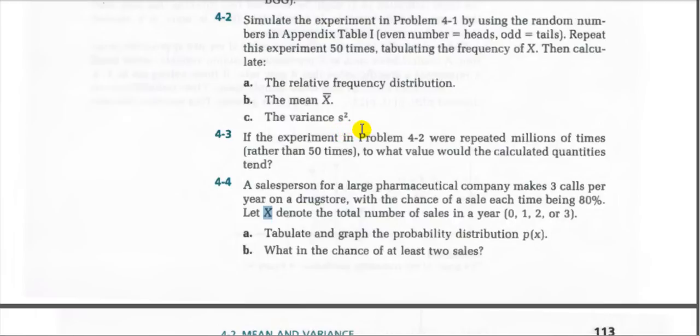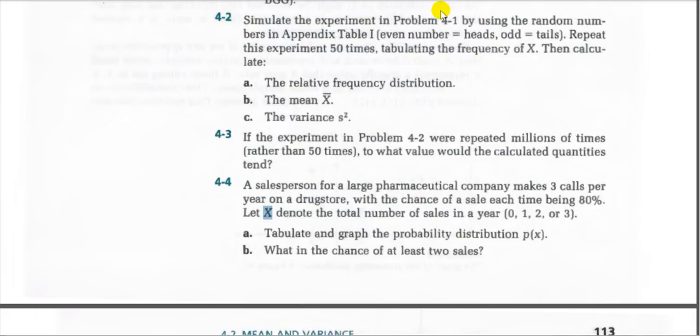They are 0, 1, 2, or 3, because you're making only 3 calls per year. Tabulate and graph the probability distribution for X. So what he wants you to do is figure out the probability that X is 0, 1, 2, or 3.